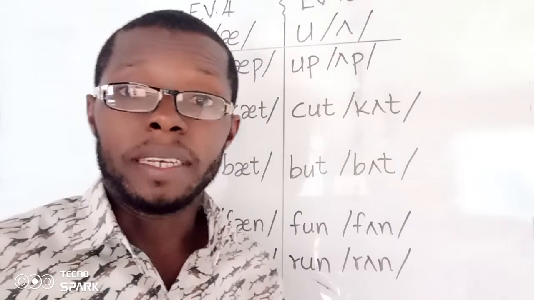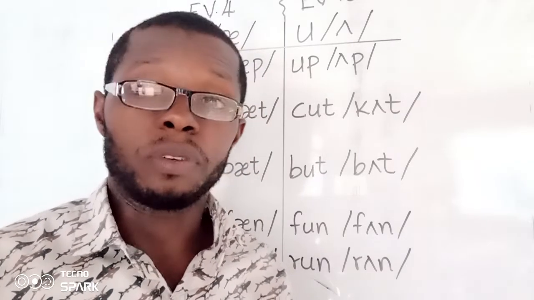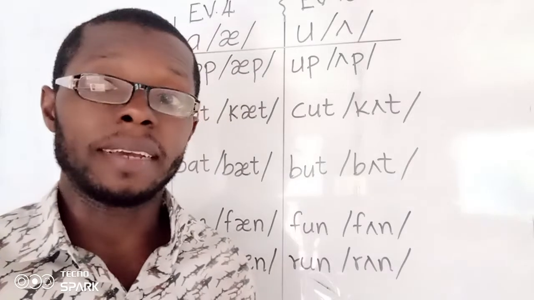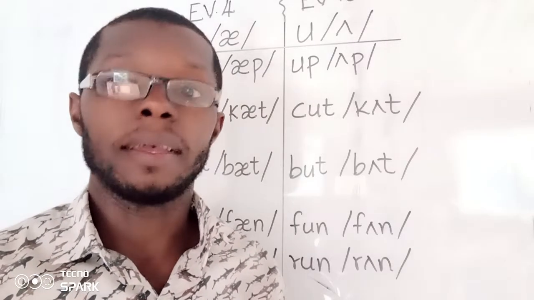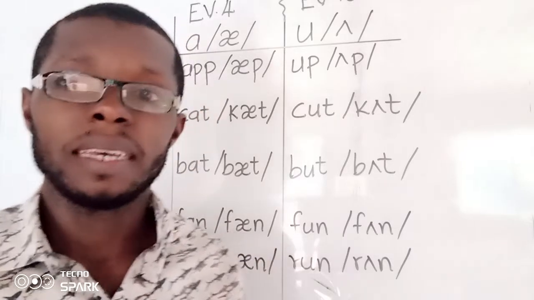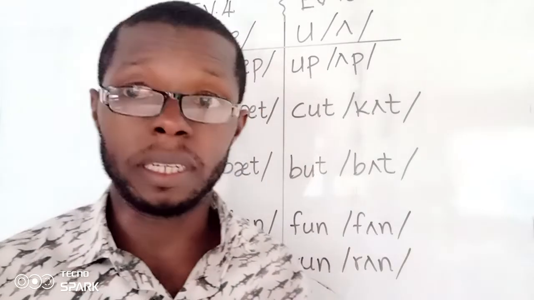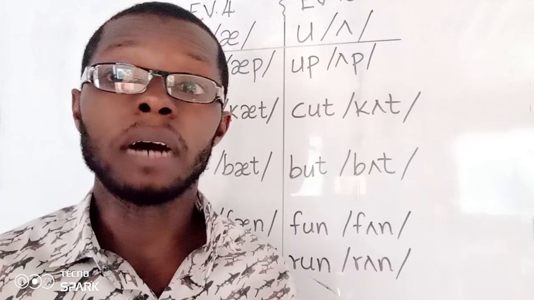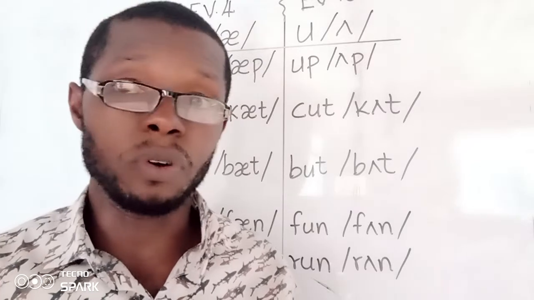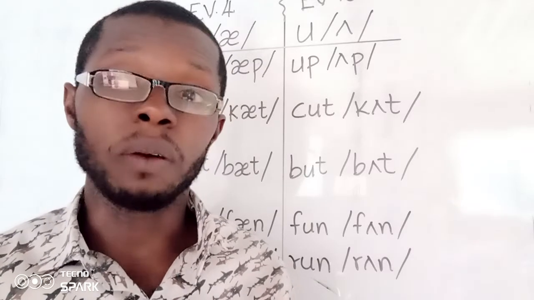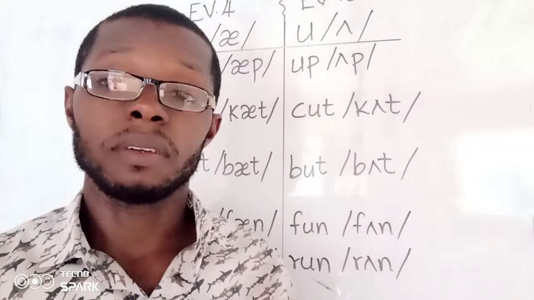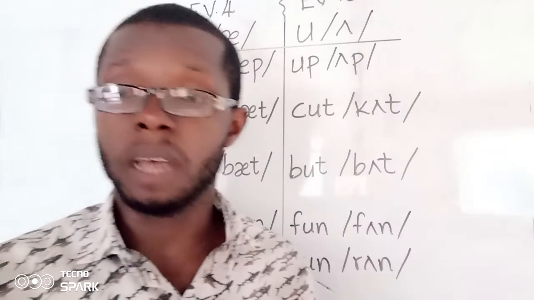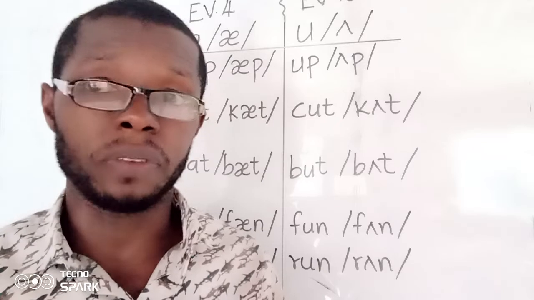As you can see, I have a few words on the board to show you the difference between letter A as A and letter U as A. But before I do that, can we see the difference in articulation? What organs are involved when producing these vowels, and what part of these organs is used? Description of a sound brings about the articulation of that sound.